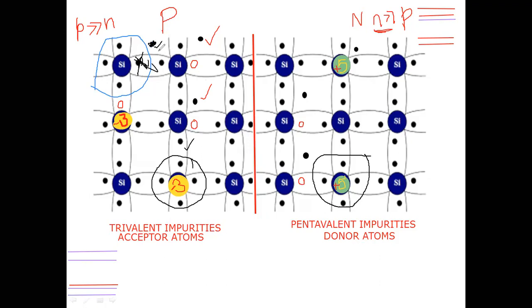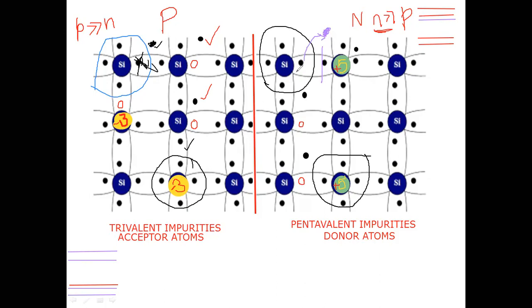These charge carriers I will show. If the bond breaks and the electron comes outside, then I will show an electron here, but I don't show the total atom.